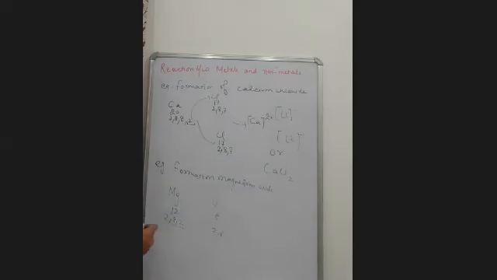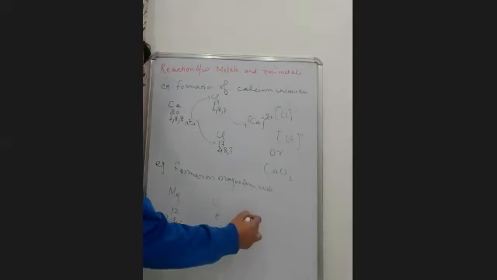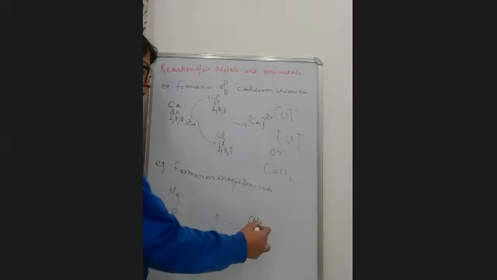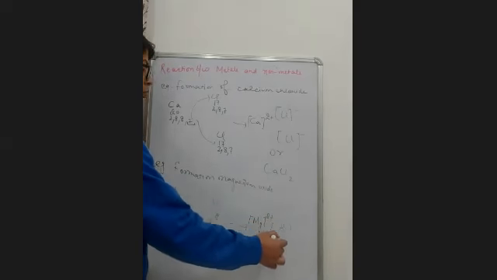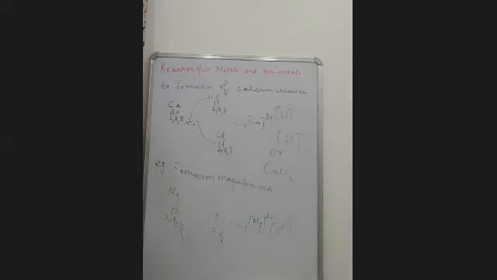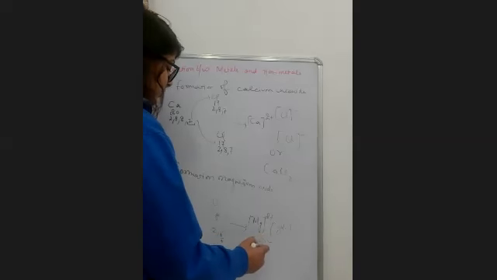Needs to lose 2 electrons, needs to gain 2 electrons. So there will be a transfer of these 2 electrons from the valence shell of magnesium to valence shell of oxygen, and it will become Mg2+ loses 2 electrons, gains 2 electrons to O2-, and becomes MgO.